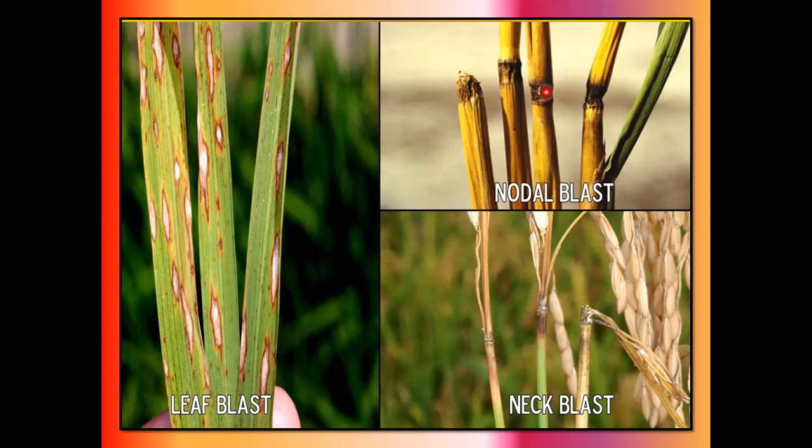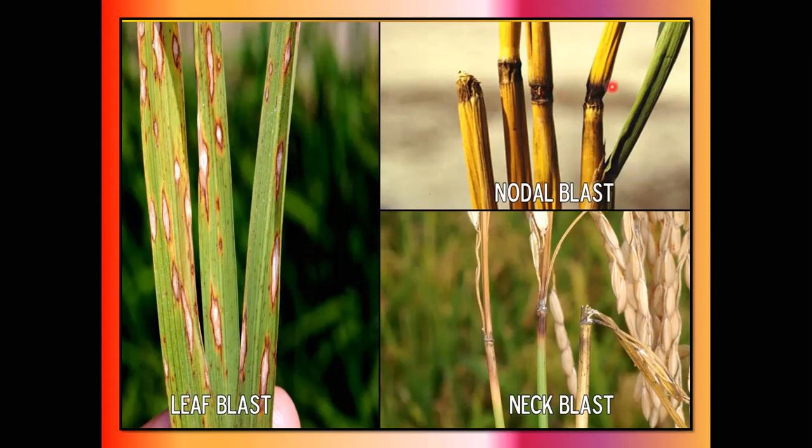Under favorable conditions, these blackish lesions may encircle or girdle the nodal portions, and the affected tissues become weakened. After some days, these affected nodes may break and all the plant parts above the infected nodes may die.